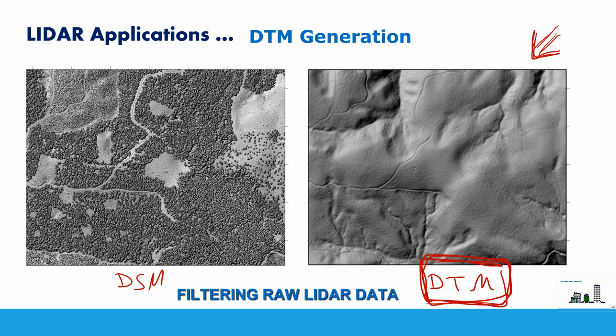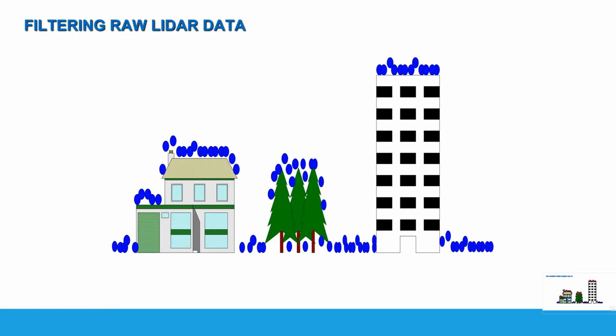Now I will try to simplify the principle of filtering raw LIDAR data. Let's say that these are the laser pulses here in blue. We have here the ground surface and we have here some buildings, trees, houses, etc. So the laser pulses were reflected by all the objects, the ground surface and all the objects that cover this surface.